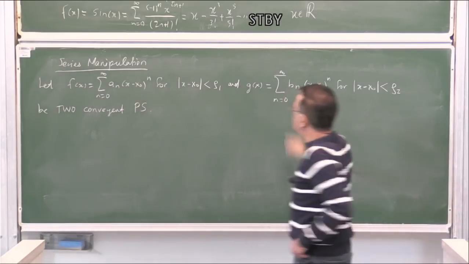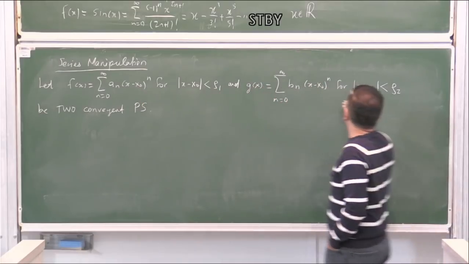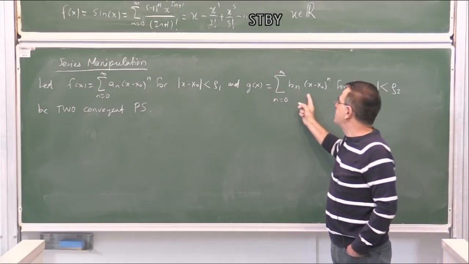So we consider two convergent power series. The first one has the radius rho 1. The second one has the radius rho 2. Both are power series. Okay?